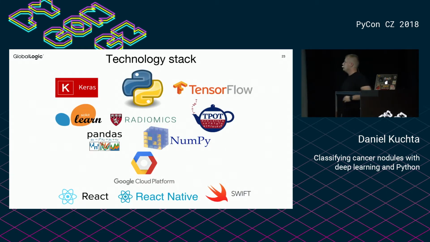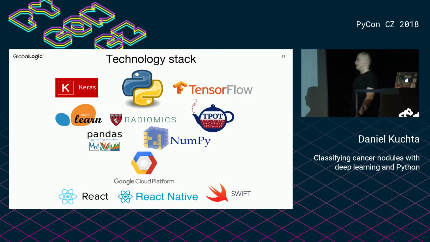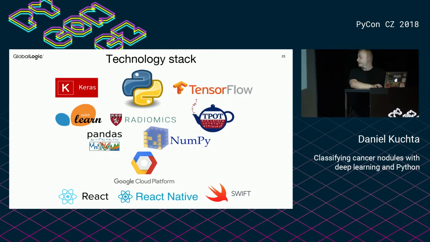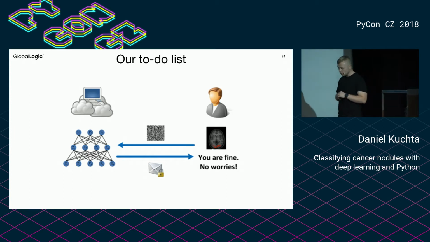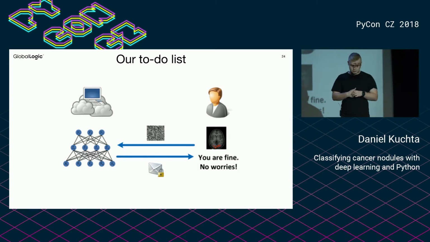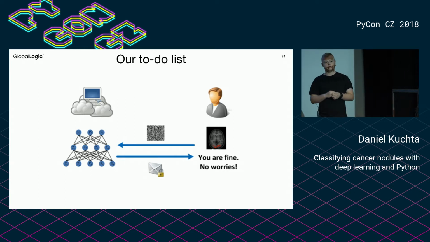The technology stack we used for building this solution is Keras, Python, TensorFlow, scikit-learn, NumPy, Pandas, Radiomics, GCP, and some JavaScript libraries. What we are about to implement next is homomorphic encryption, the way you can do machine learning on encrypted records of patients, so they don't lose their privacy.